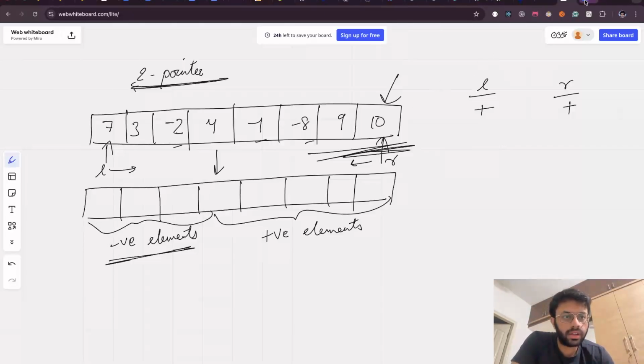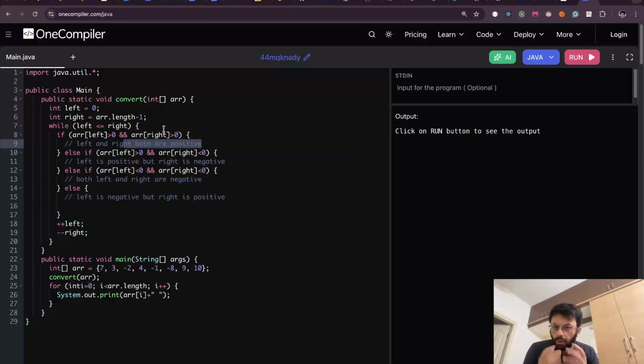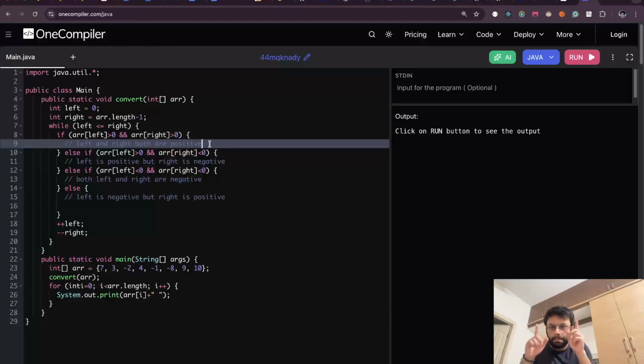So if left and right both have positive, positive should be on the right, isn't it? And right already has positive. So right is pointing to the correct element. Positive elements should be in right, and right is pointing to a positive element. Great. But on the left there should be negative elements, but left is pointing to a positive, so it is wrong.